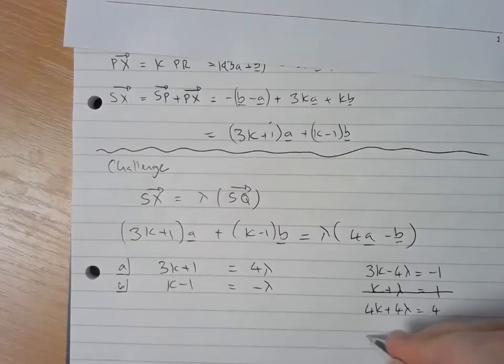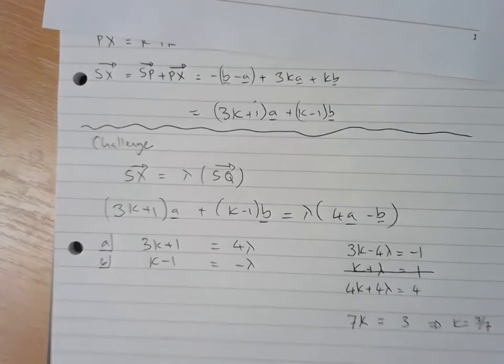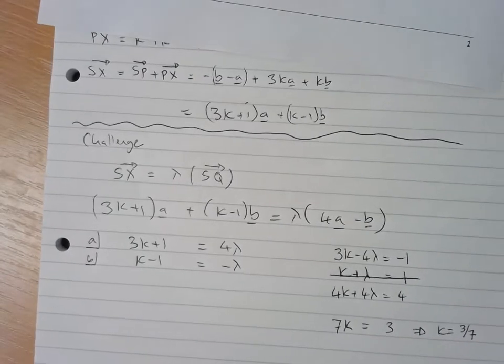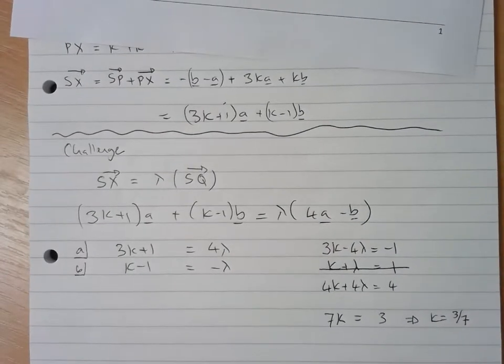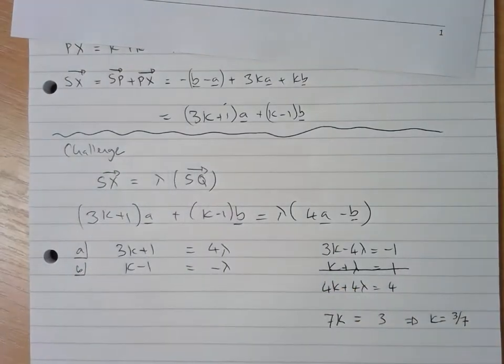This gives me that 7K equals minus 1 plus 4, which is 3, implying that K is 3 over 7. Okay, that's the end of the challenge question. It is quite tricky, so if you didn't spot this initial step that we have to get from the question, it is quite difficult. But there we have the end of the challenge question.